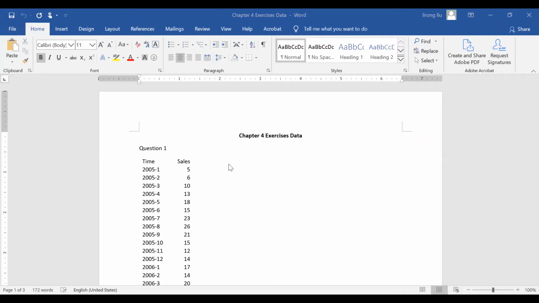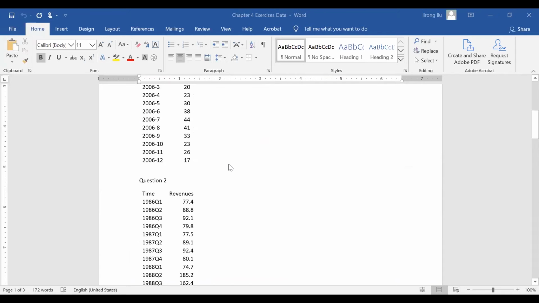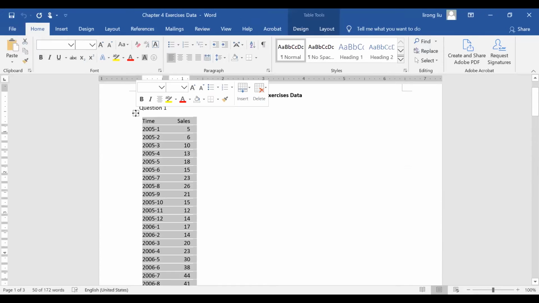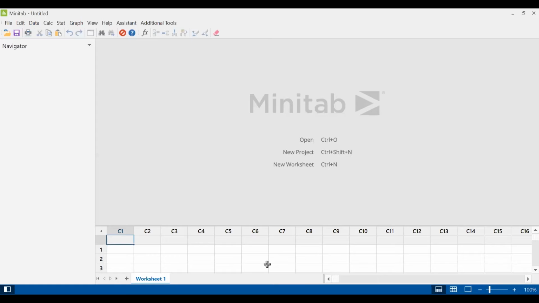And there are 2 data sets. The first one is for question 1. So when you click somewhere in the table, you will see this little mark there. Click on it, the whole table will be highlighted. So you can do Control-C to copy, and then move to Minitab to paste the data.